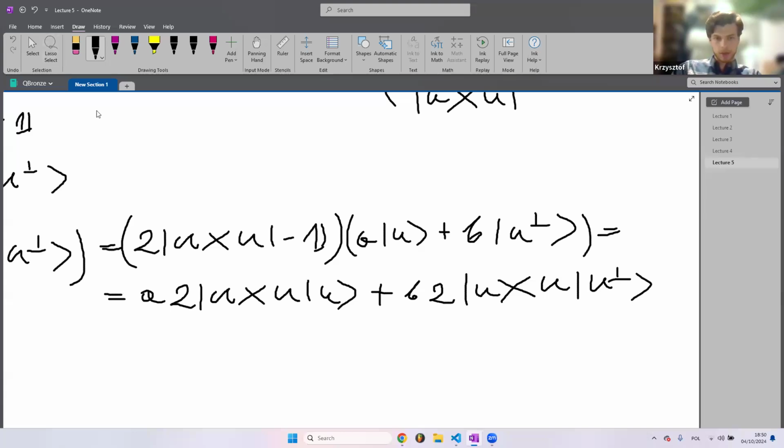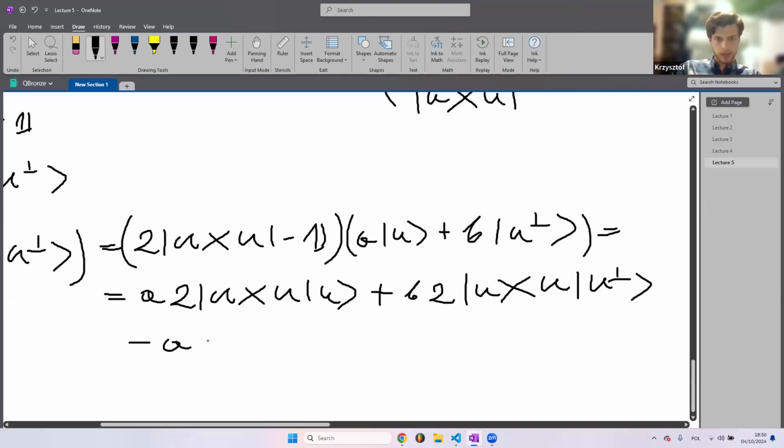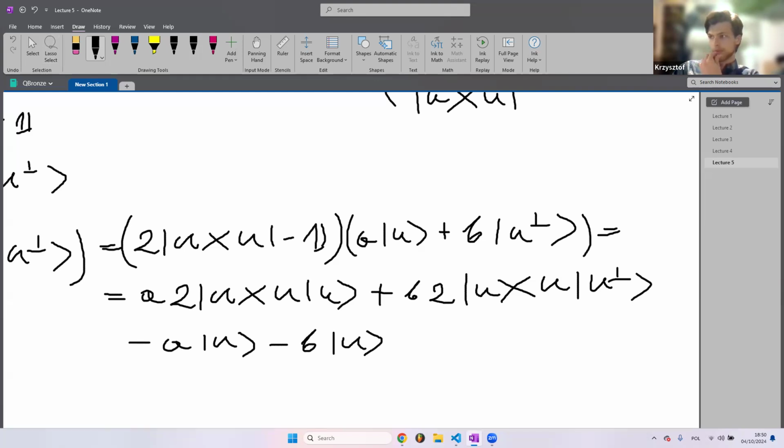And here's also the identity matrix, so we have to remember about it. So a U minus a U minus b U perpendicular.